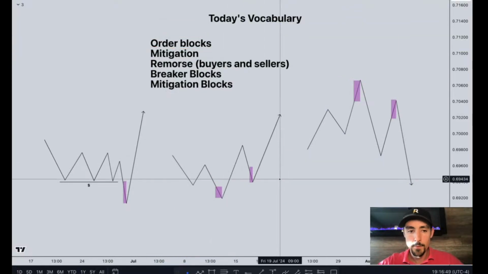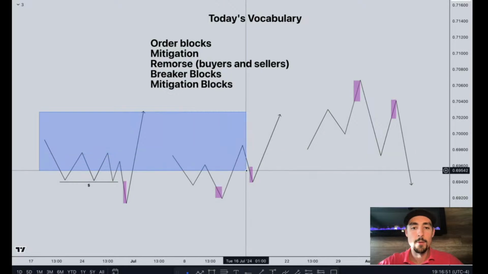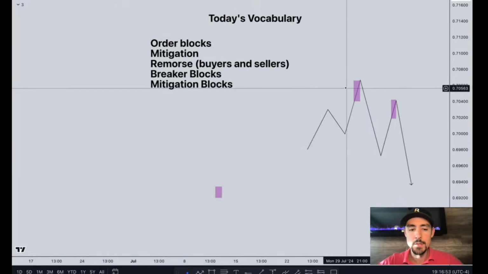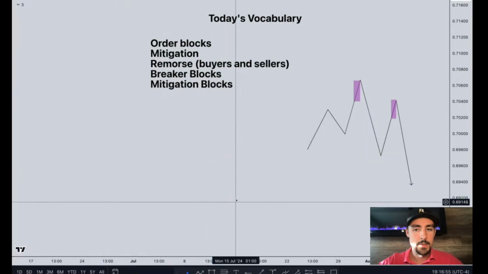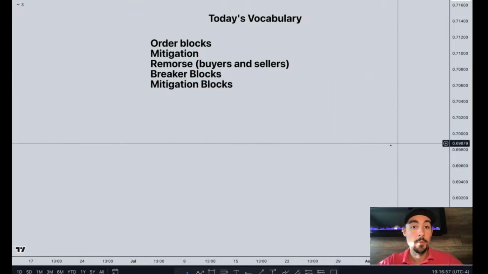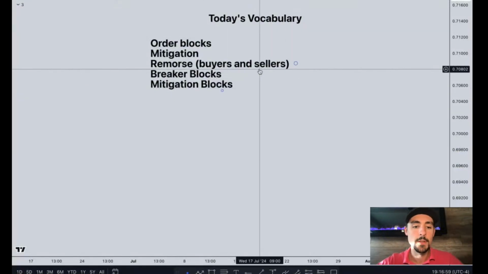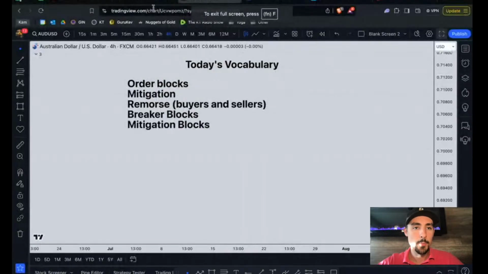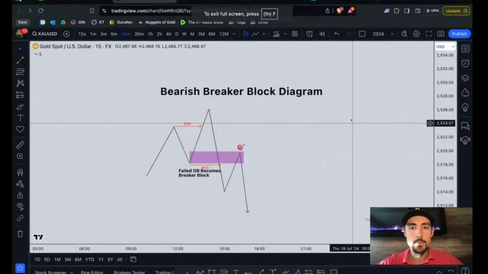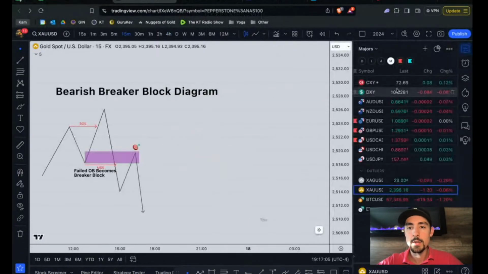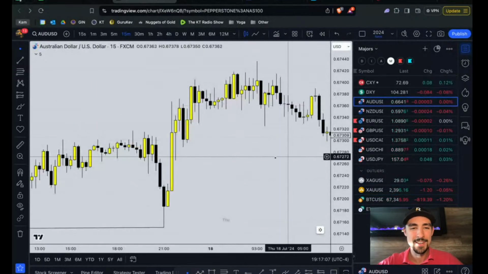To take it a step further, these are a few diagrams we've drawn out, and we've referred to these since the very beginning of these market maker method sessions, but I wanted to go over them again in more detail. If we pull up some examples, we've got the spoiler alert here again with the breaker blocks.